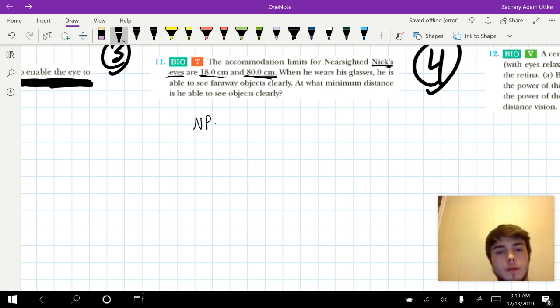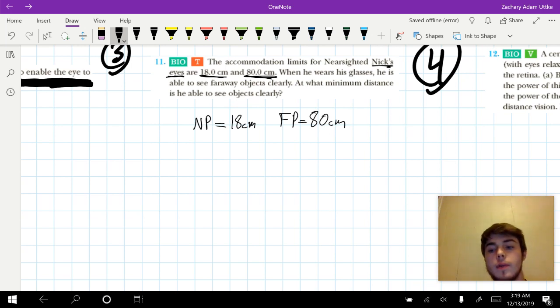His near point is 18 centimeters. His far point equals 80 centimeters. So those are the accommodation limits. That's what accommodation limits means. It means your near point and your far point. When he wears his glasses, he is able to see faraway objects clearly. So he can see far, so he's nearsighted.